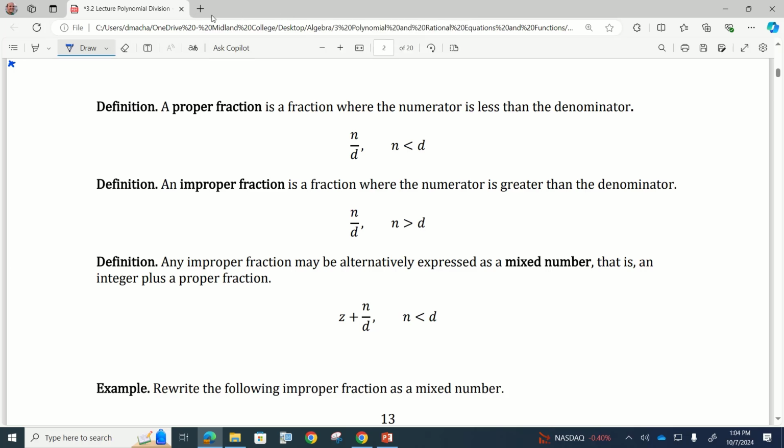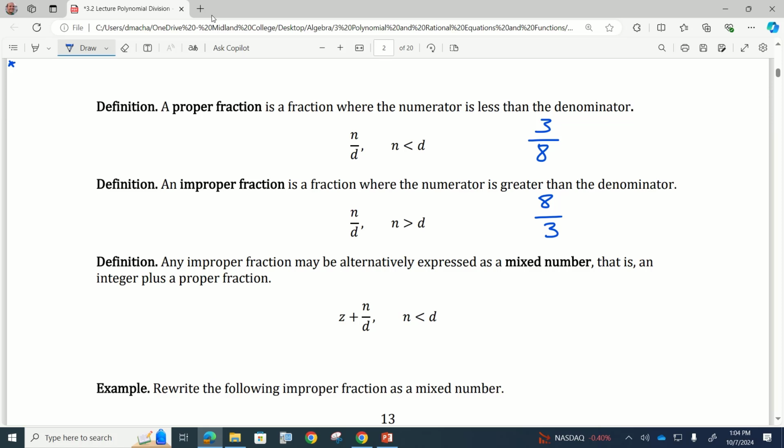So a proper fraction, we've seen this before, is a fraction where the numerator is less than the denominator. So like 3/8 is a proper fraction because 3 is less than 8. An improper fraction is a fraction where the numerator is greater than the denominator. So 8/3 would be an improper fraction.